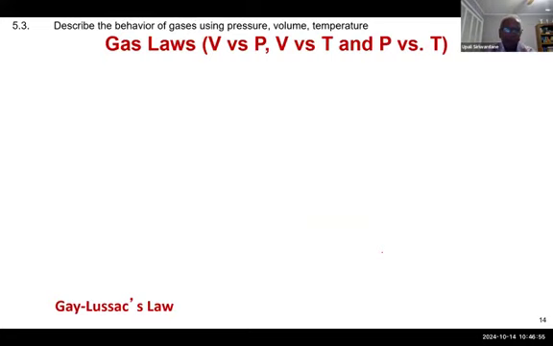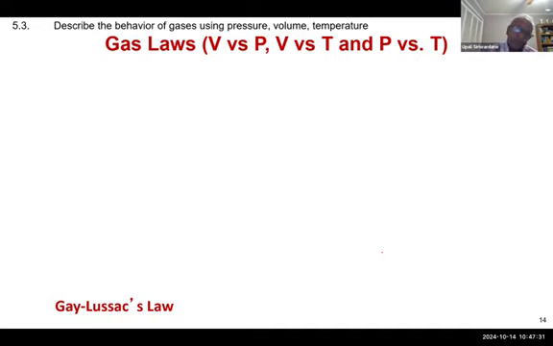Now we're going to look into the behavior of gases. We mainly look at how the volume of a gas changes with pressure, how the volume of a gas changes with temperature, and how the pressure of the gas changes with temperature.